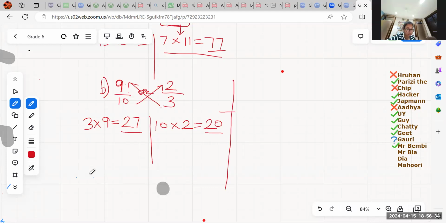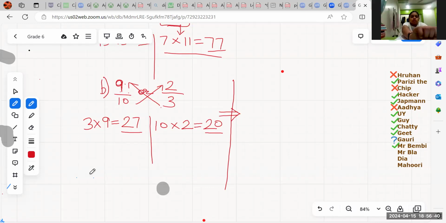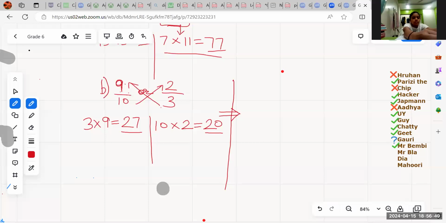So can anyone tell me the reason why this method works? Sir, I think I can. Yes, Setu. Because the numerator comes among the denominator, and the bigger the numerator is, and the smaller the denominator. Why does it come, beta? That's my question.